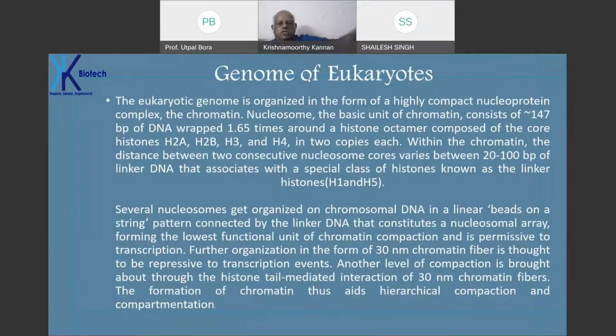Further organization in the form of a 30 nanometer chromatin fiber is thought to be repressive to transcription. It is not a linear structure but folds, just like a protein folds into alpha and beta, but here it is much more complex, because one whole human chromosome, if you stretch it out, would be about 2 meters long.